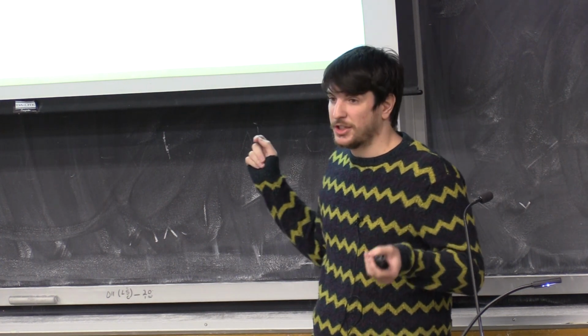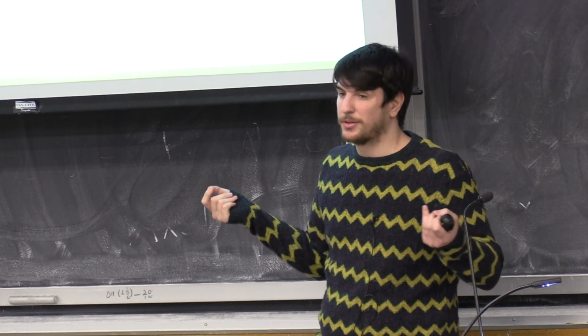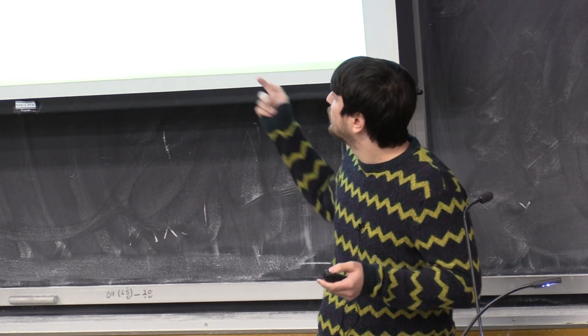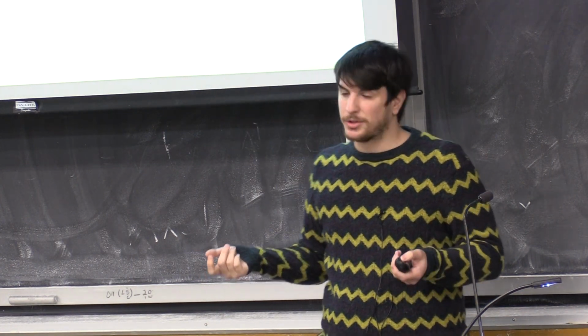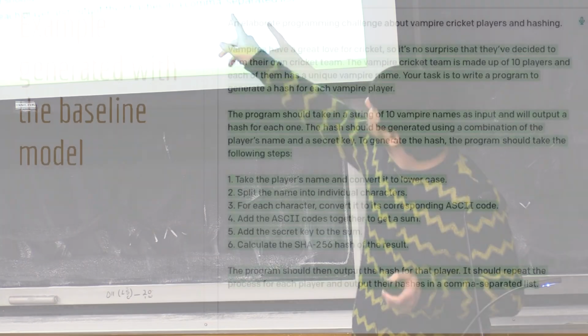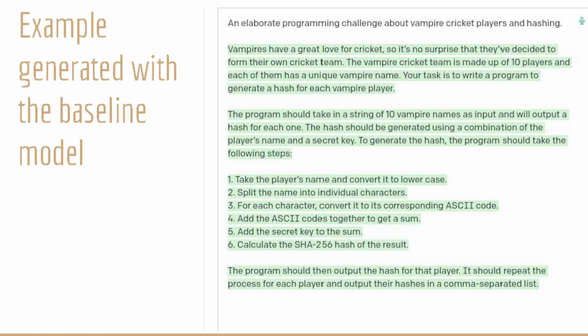Just using DaVinci 3, the one that came out, I think, last week, we found that 72 out of 100 were actual coding challenges. And this is one example. So we asked it to generate a challenge about vampire cricket players and hashing. And in just a few seconds, this is a logical programming challenge about hashing and vampire cricket players.